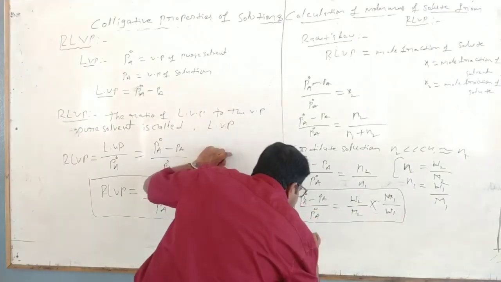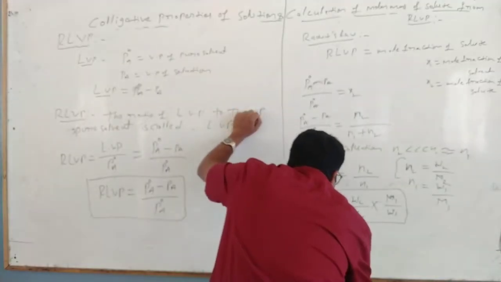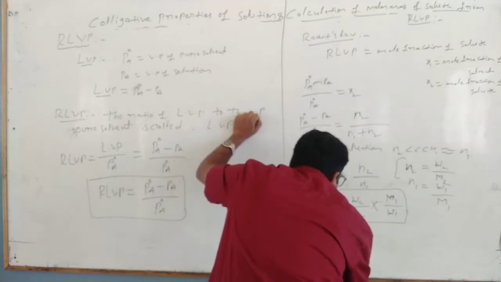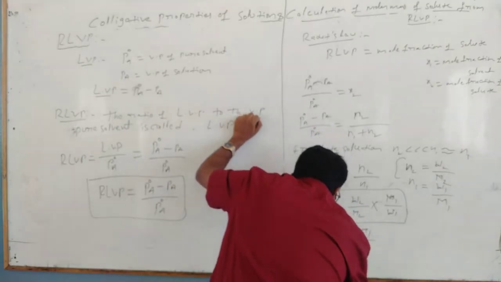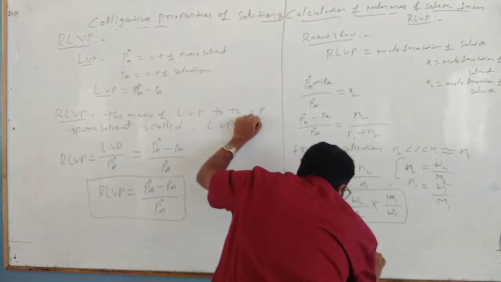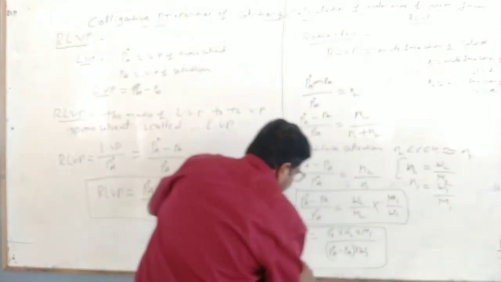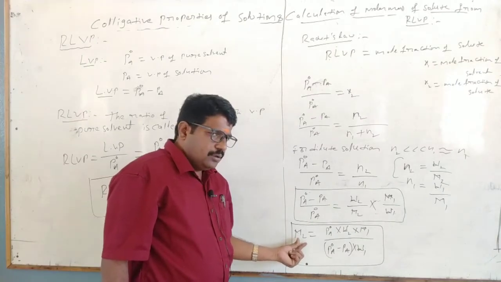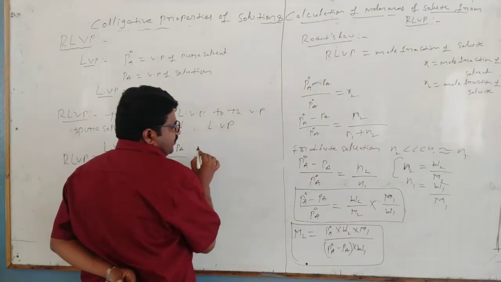Now M2 is written as P naught A into W2 into M1 by P naught A minus PA into W1. This is the calculation of molecular weight of solute from RLVP. Now we have to know what the terms are.